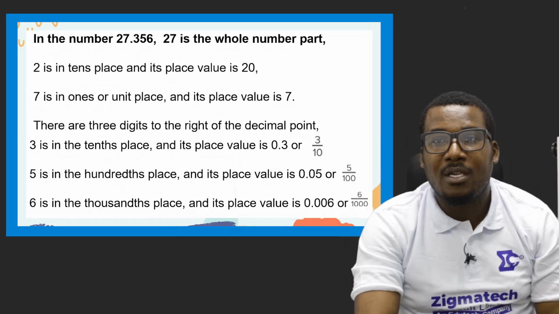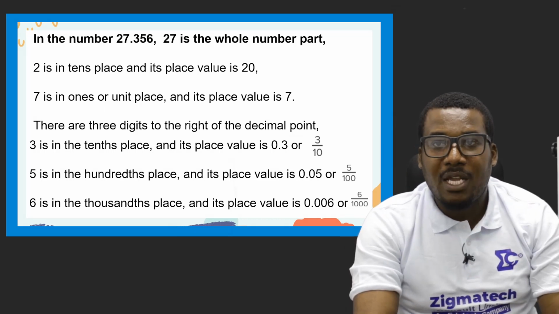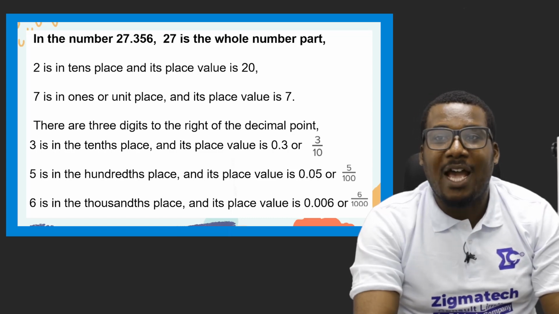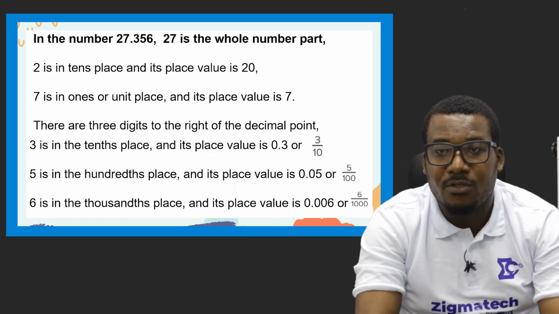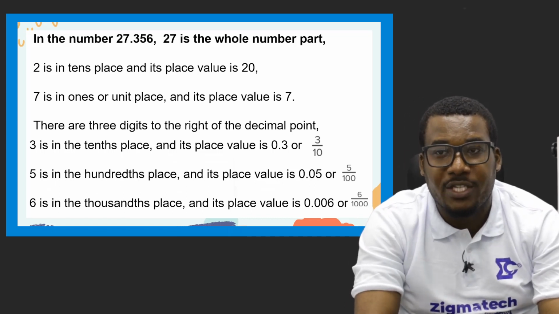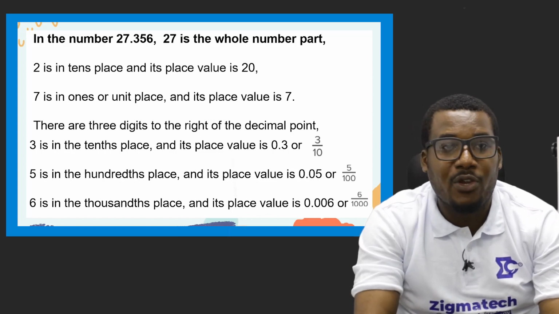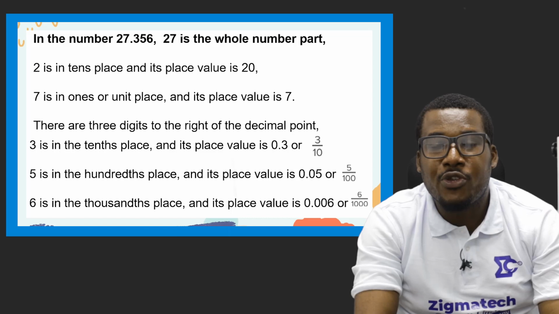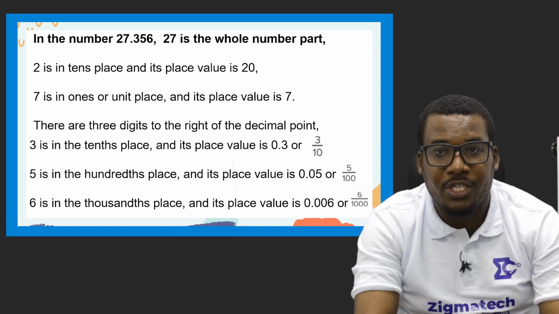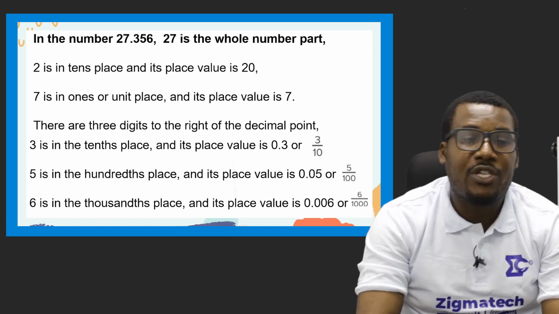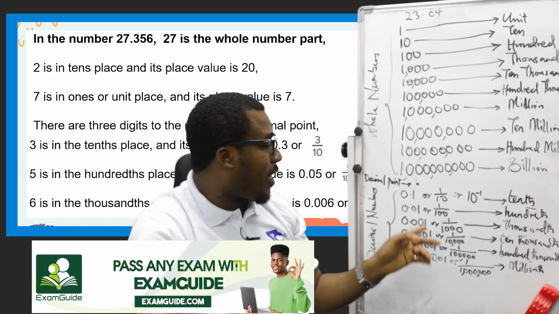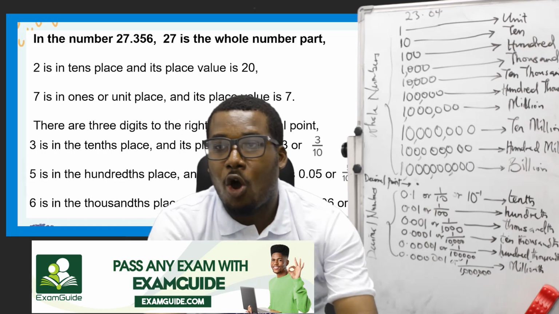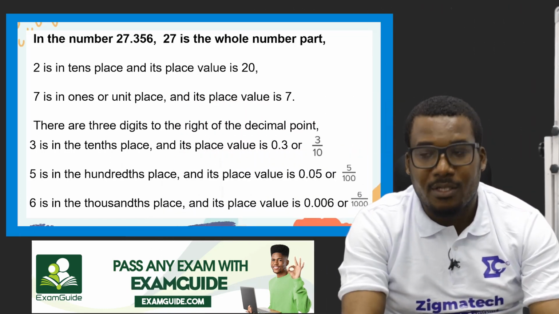So 27 is the whole number, which means 2 is in the tens place, and its place value is 20. 7 is the ones, the units place, and its place value is just 7 as 1 unit. There are 3 digits to the right of the decimal point. The 3 is the tenth place. It takes the place value of 0.3 or 3 over 10.